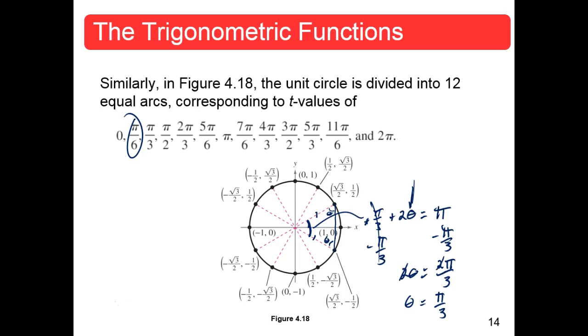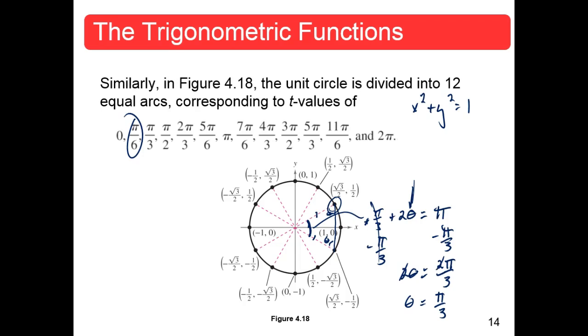So, we now know the y value of this point here. We don't know the x value here. How can we figure it? Is there any way in the world? What's true about every point on the unit circle? You got it. x squared plus y squared is equal to 1 because it's on a unit circle.